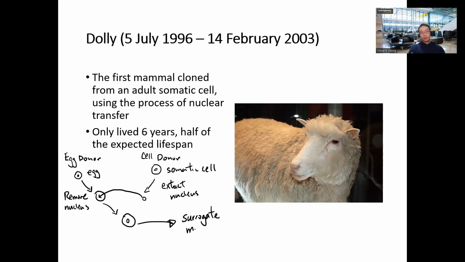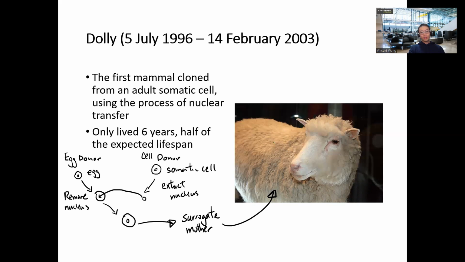And then let the egg grow in the uterus. Then at the end, the surrogate mother gave birth to Dolly, which was a genetically identical sheep as the cell donor.